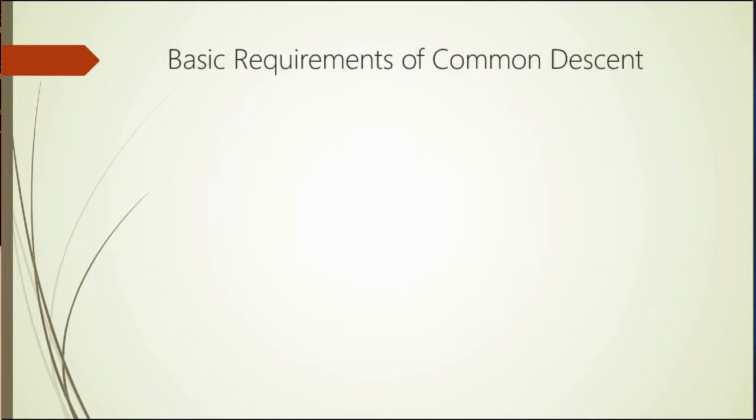Now, as we do these experiments, we have to remember what the basic requirements of common descent is, because that's the hypothesis that we're studying. The hypothesis is that natural processes must be able to modify DNA, because that's how changes occur from the parent to the child according to the idea of evolution.